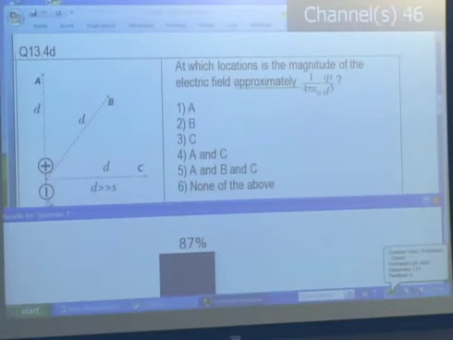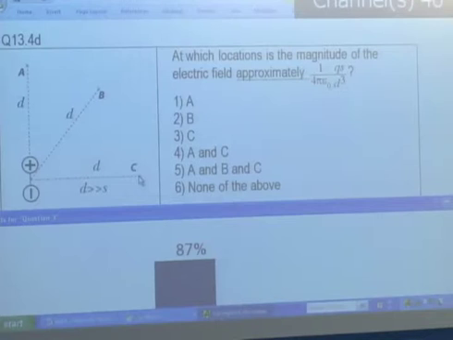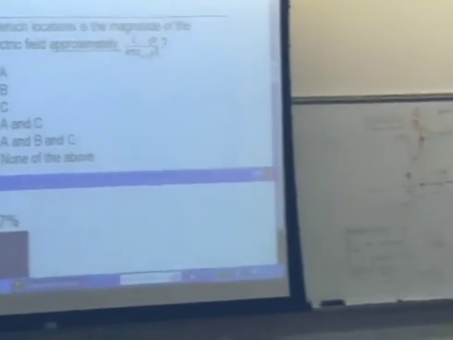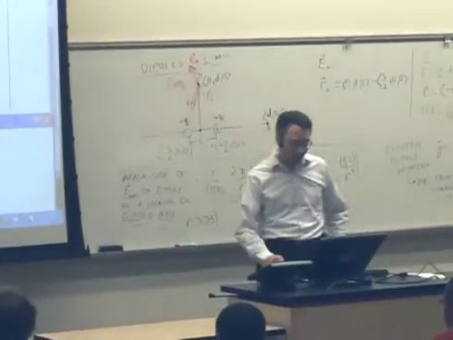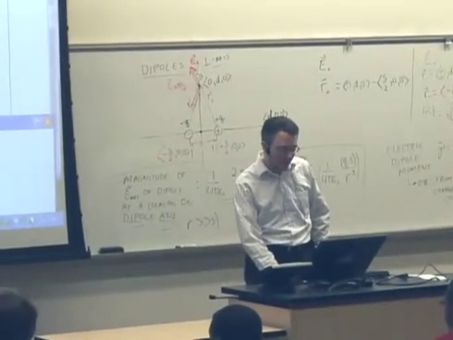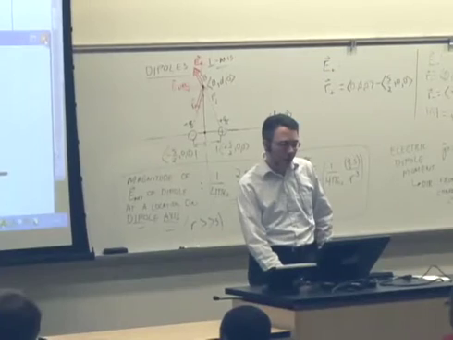Because if we're on the perpendicular axis compared to this dipole's orientation, when we're on the x-axis, okay? So C is along the perpendicular, and if you're along the perpendicular using the formula without the factor of 2, it's just 1 over 4 pi epsilon 0 QS over the distance cubed, okay? Not a lot of trouble there.